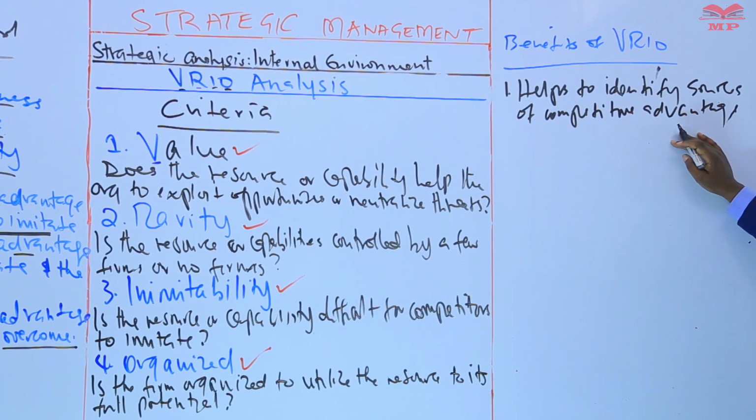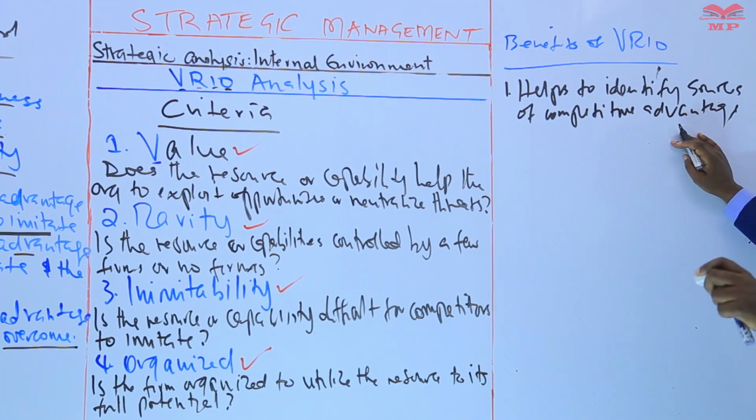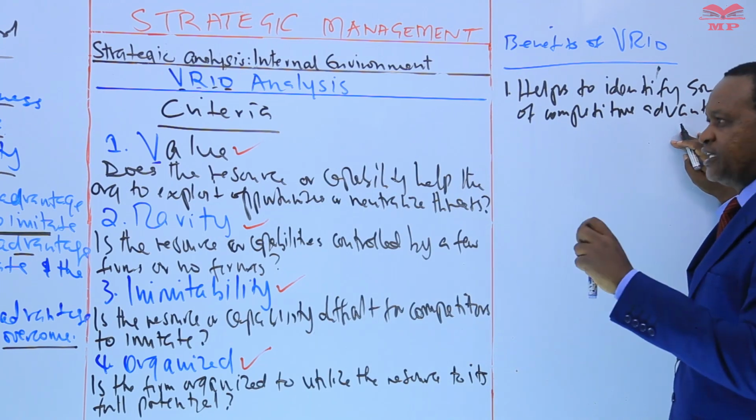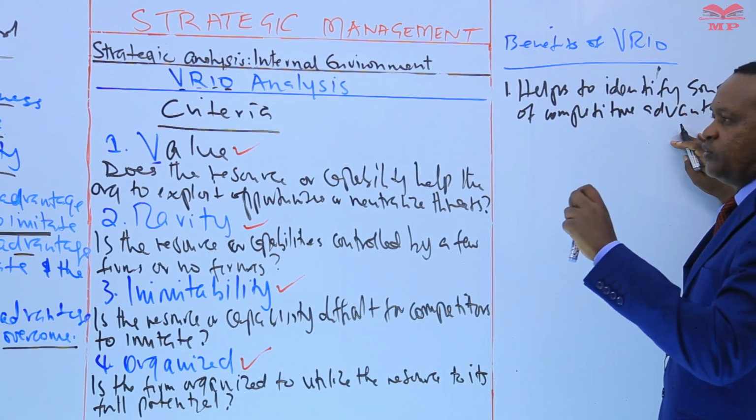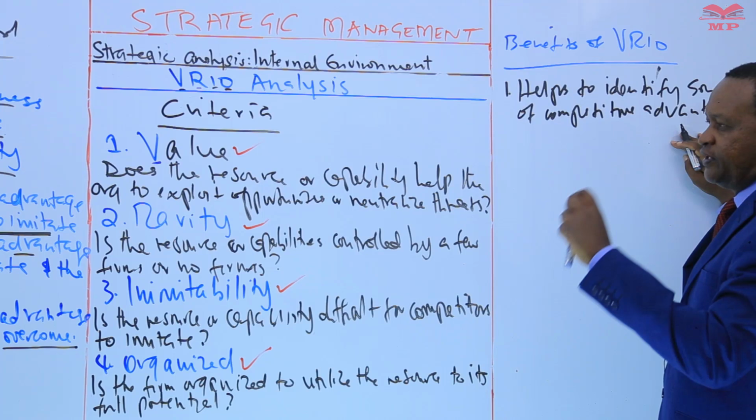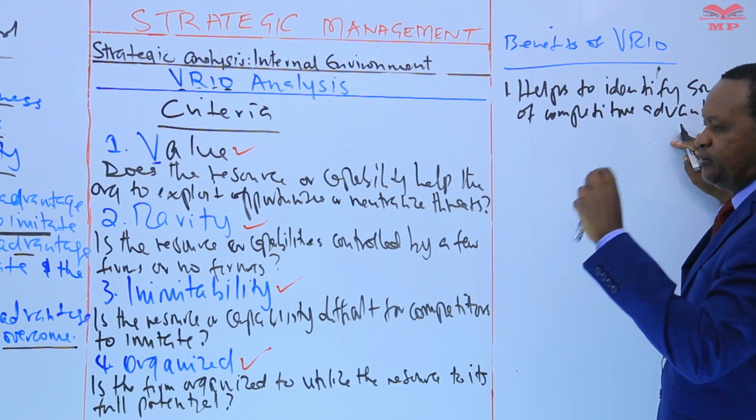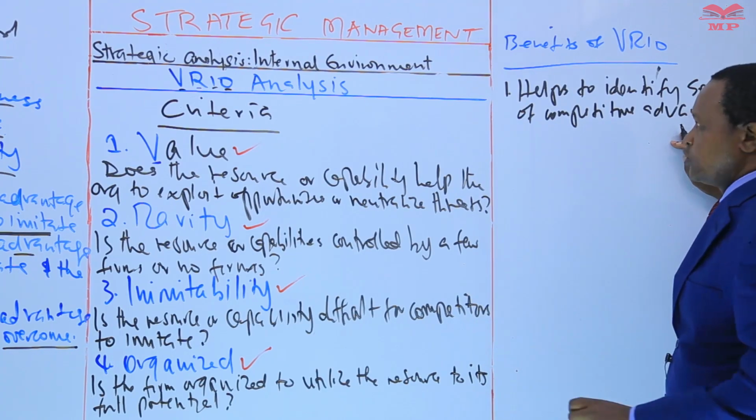It helps organizations to pinpoint their unique strengths and understand how they contribute to their competitive position. Because remember, every asset is analyzed based on the 4 criteria: value, rarity, imitability, and organizational support.